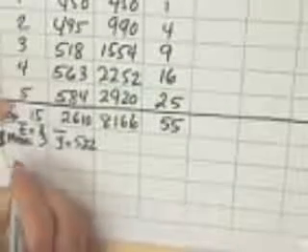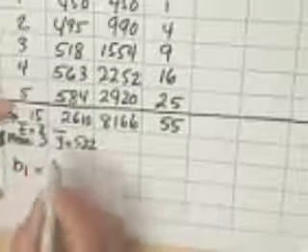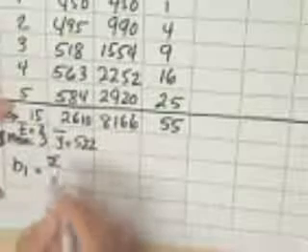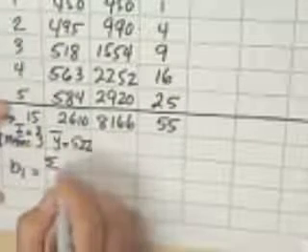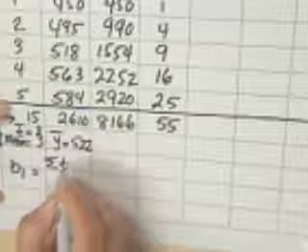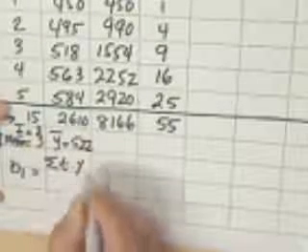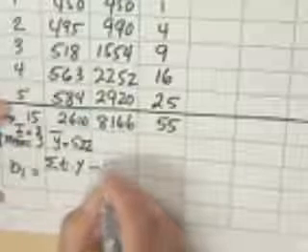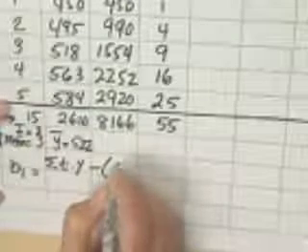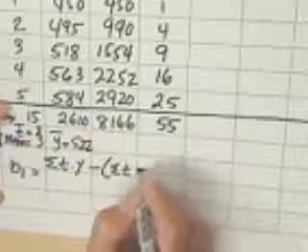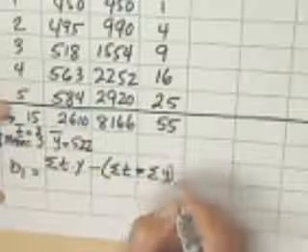B sub 1 is, the formula is given to us as summation of the t times y column minus summation of the t column multiplied by summation of the y column.